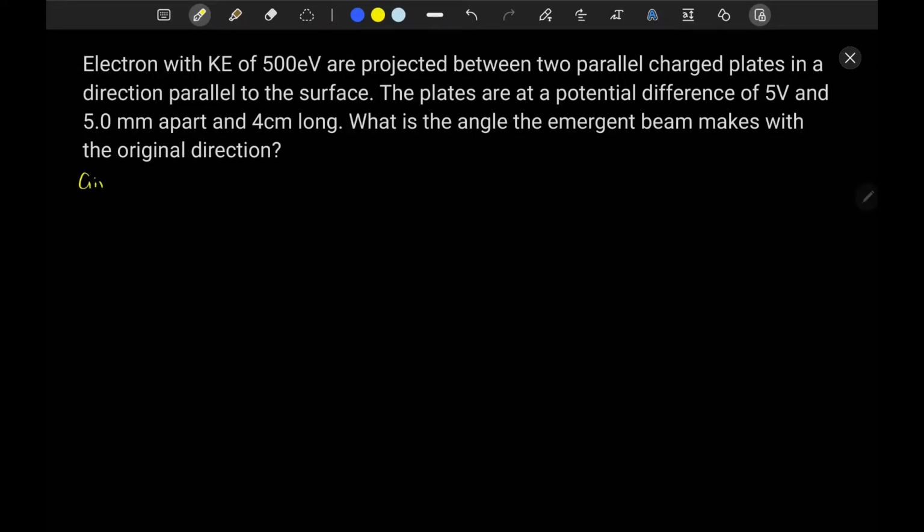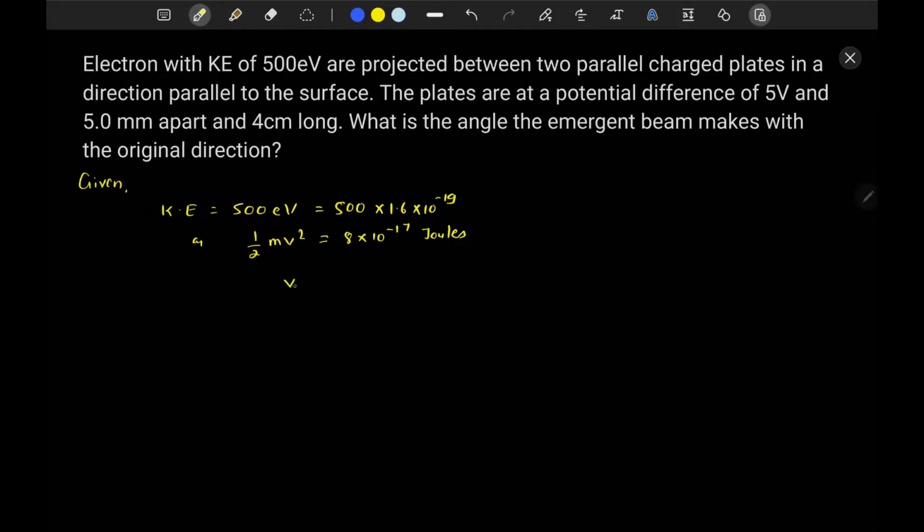So first we will use here the kinetic energy of electron is 500 electron volt, which is equal to 500 into 1.6 into 10 power minus 19, 8 into 10 power minus 17 joules of kinetic energy. Kinetic energy is given by half mv square.